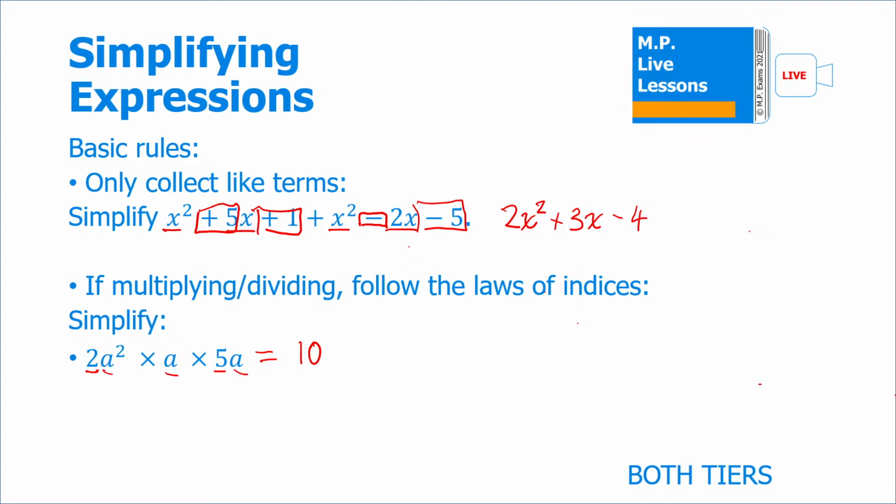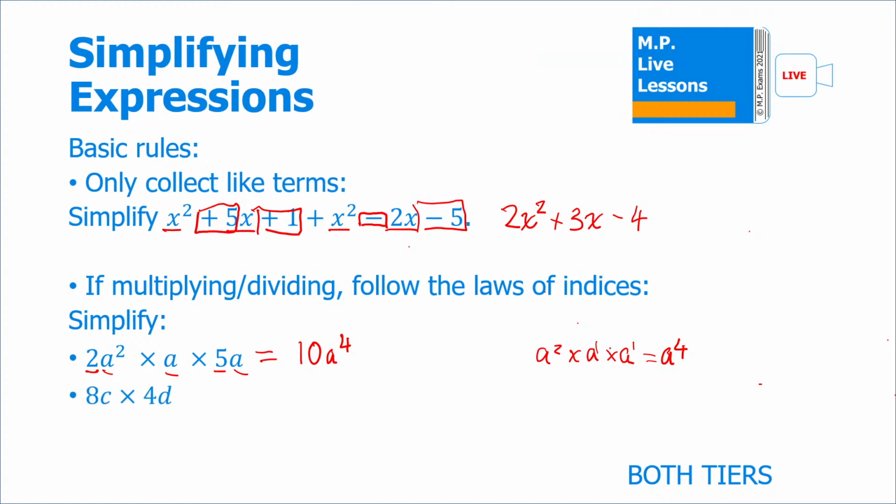So it'll be a squared times a times a. Just remember, if there's no power, it's the power of 1. So when we multiply powers like this or indices, we add them together. So you just get to the power of 4 at the end. So a to the power of 4. So 10a to the power of 4.